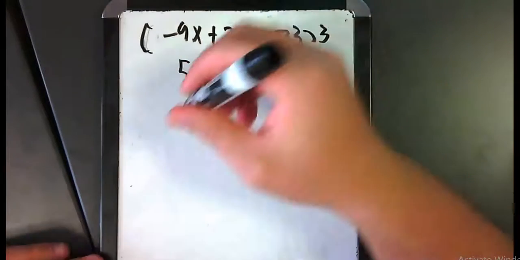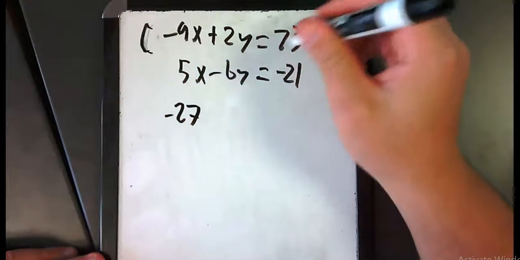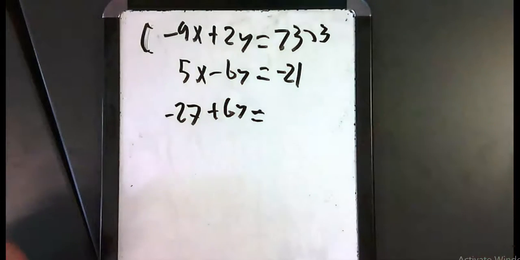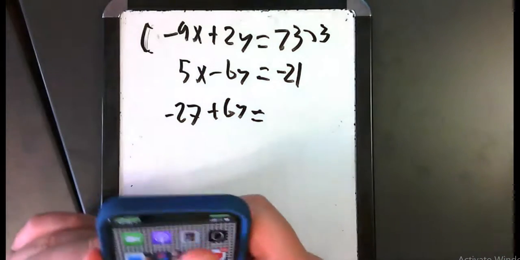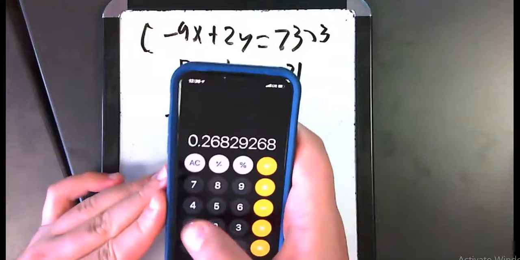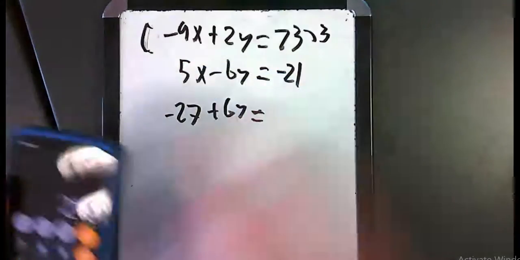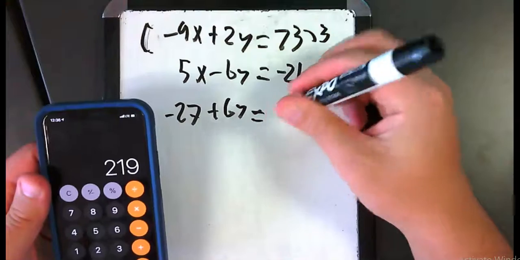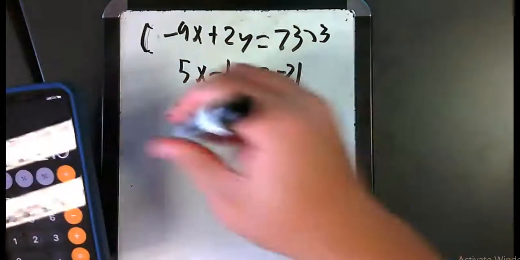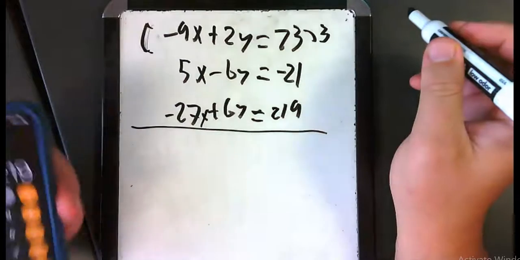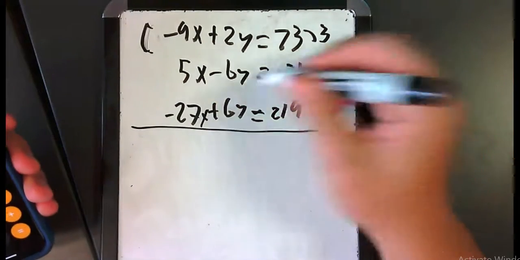So what this should become is negative 27x plus 6y equals 73 times 3. I'm going to do that on my phone just to save time and be accurate. 73 times 3 equals 219. So then we go from here. That cancels.